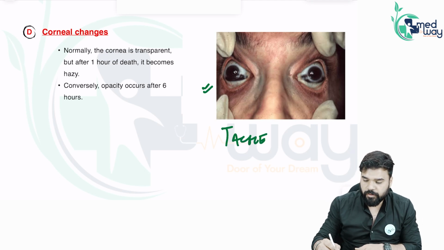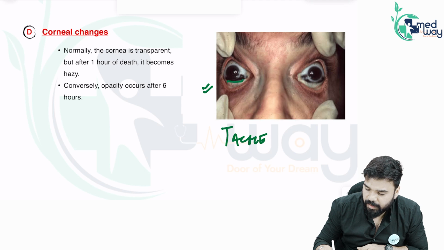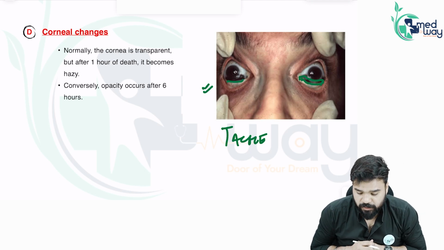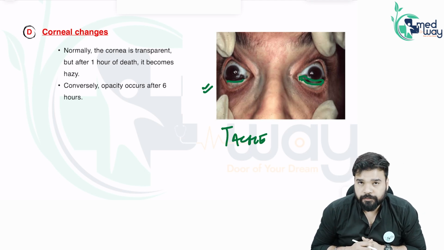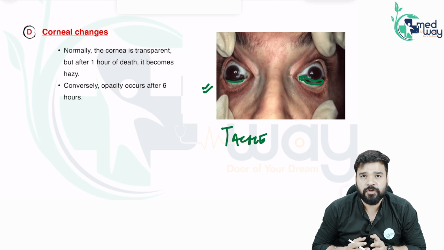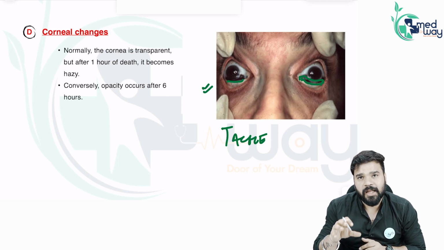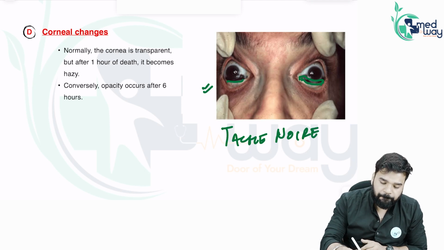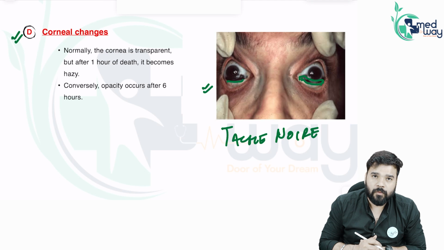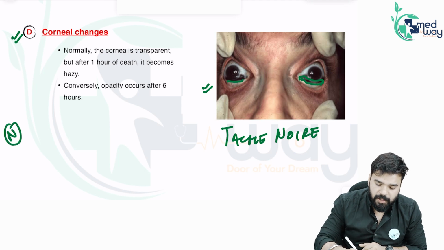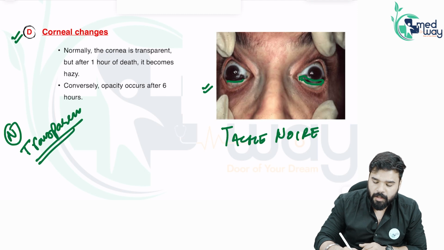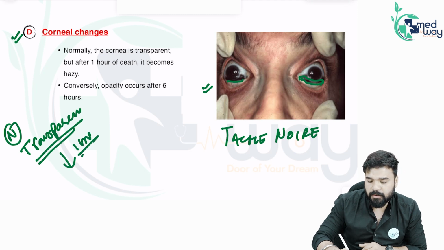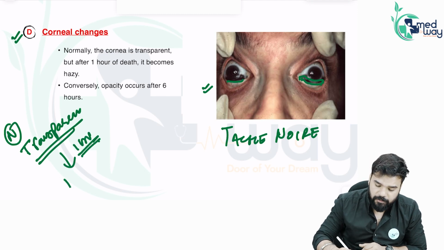Can you see the brownish triangular opacities over the sclera? It occurs due to deposition of dust particles since the eyelid remains open after death. Now, corneal change. Normally the cornea is transparent, but after 1 hour it will become hazy.